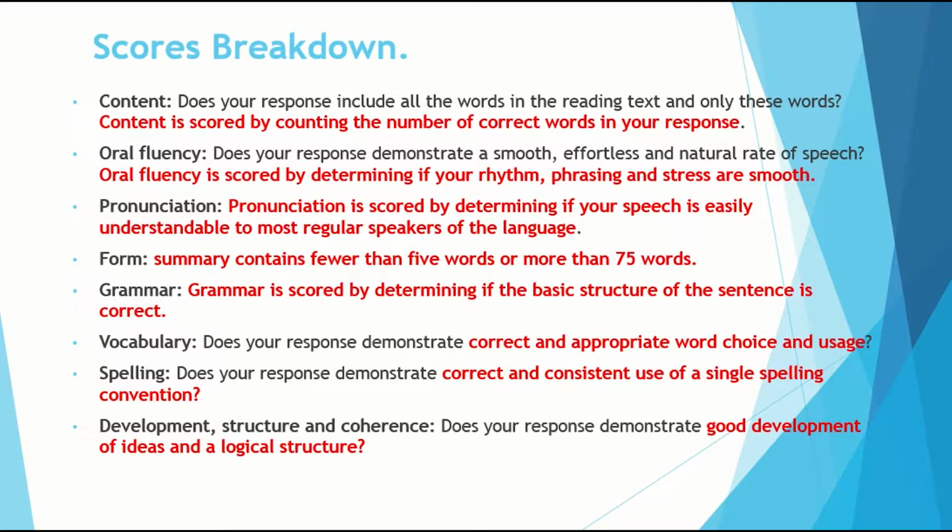Oral fluency is scored by determining if your rhythm, phrasing, and stress are smooth. Basically, they'd like to check if another native speaker or a non-native speaker is able to understand what you speak in English. Remember guys, PTE Academic is an English assessment test. So you will have to make sure that you are speaking native-like.